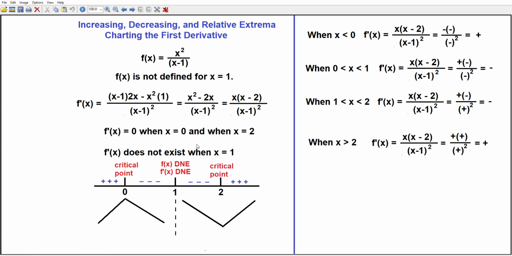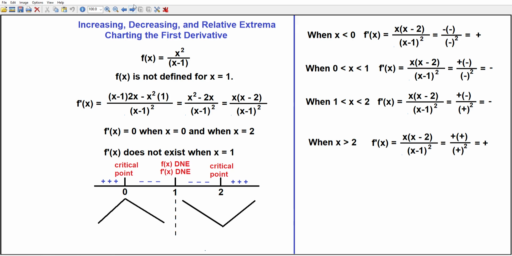And it's important not to cross the line x equals 1, where the function does not exist. So what we end up doing then is sketching something that goes up between minus infinity and 0, down between 0 and 1, down between 1 and 2, and up between 2 and infinity.